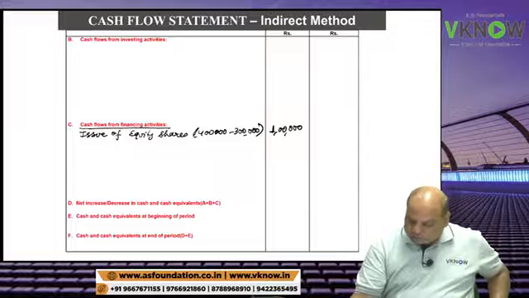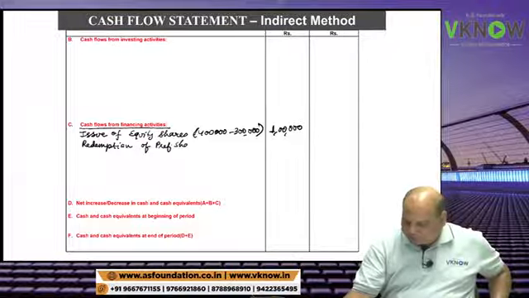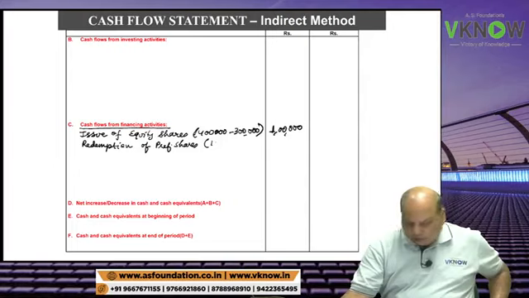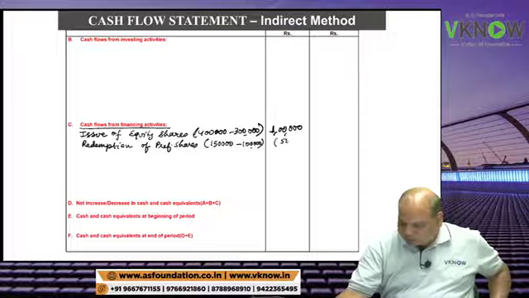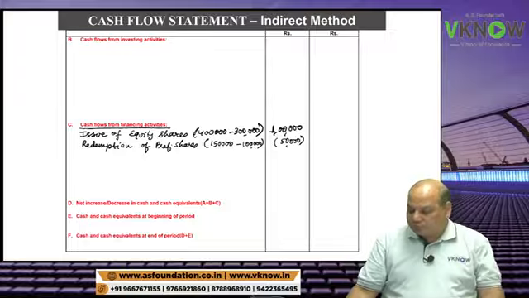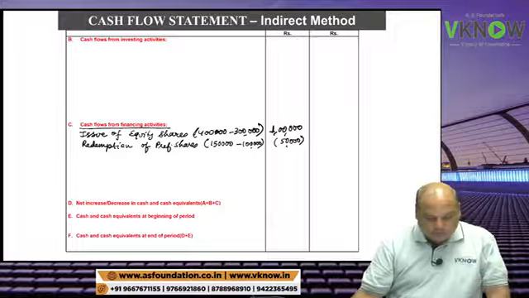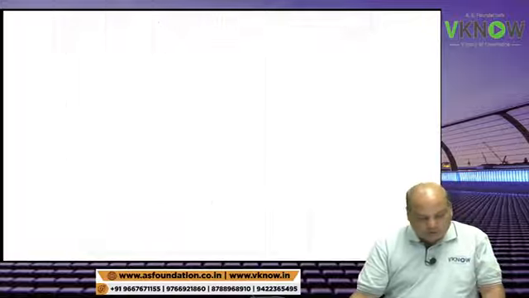So write down in financing activity, redemption of preference shares in bracket 1,50,000 minus 1 lakh, and you will write 50,000 in bracket. It is an outflow.